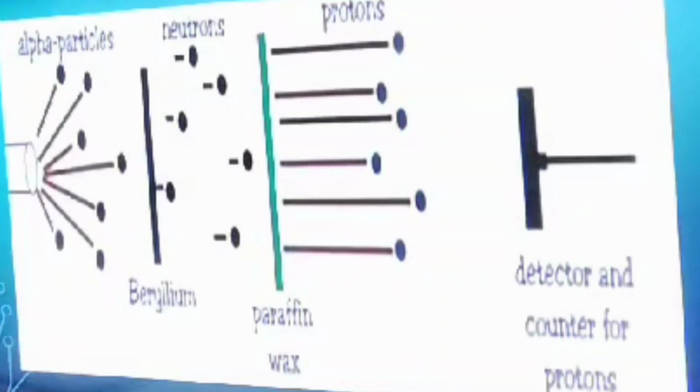So it was proved that besides electrons and protons, some neutral particles are also present inside the atom, and they have a mass comparable to the mass of a proton.